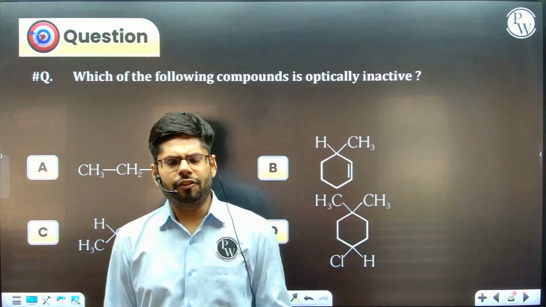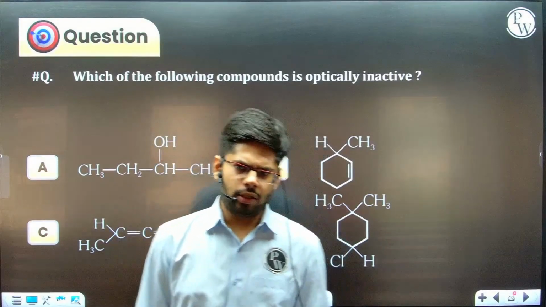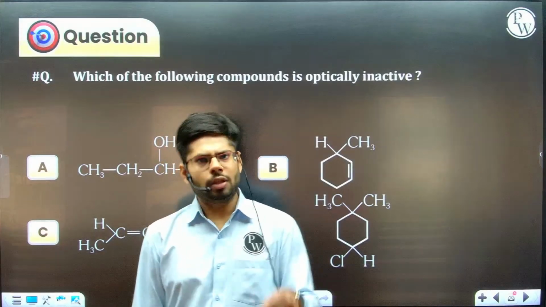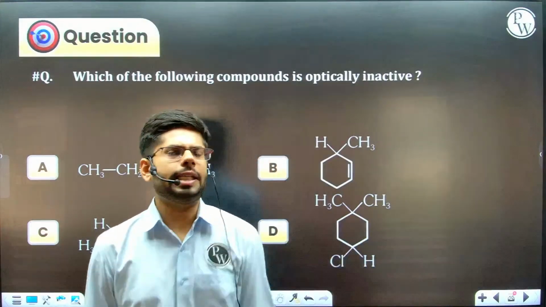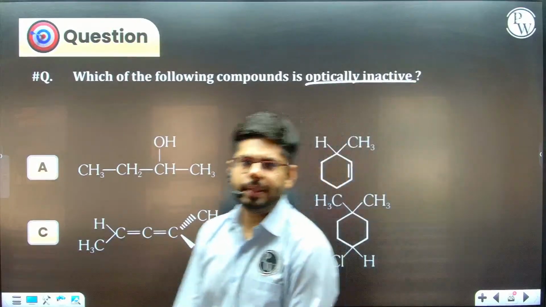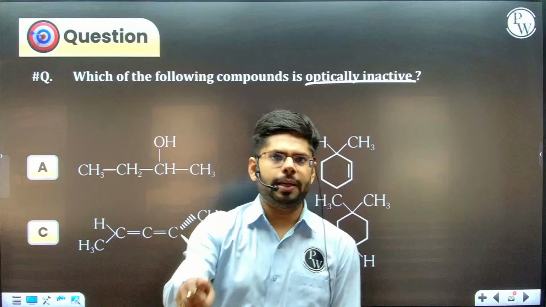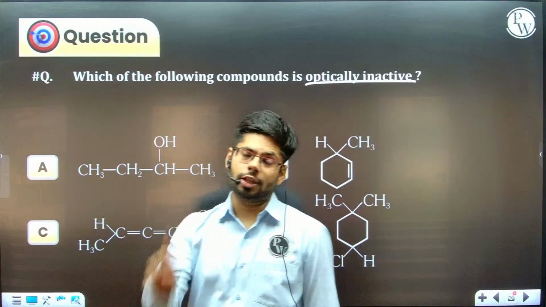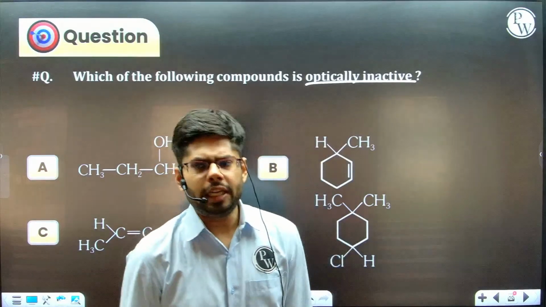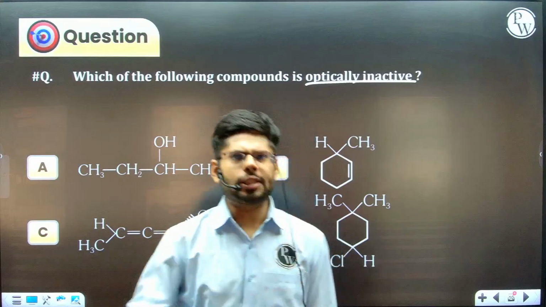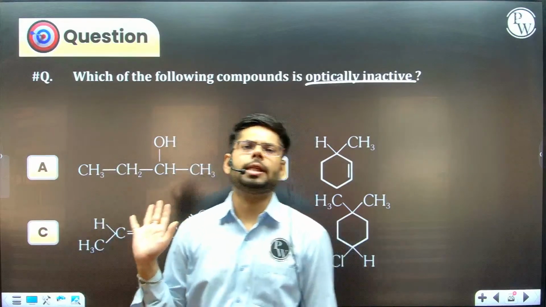Also, if there is a plane of symmetry or a center of symmetry despite presence of chiral carbons, then also we will say that the molecule is optically inactive. So inactive basically means if there is plane of symmetry, the molecule is optically inactive. If there is center of symmetry, the molecule is optically inactive, right? If there is no chiral carbon at all, and also if there is no special system, then also the molecule is optically inactive.